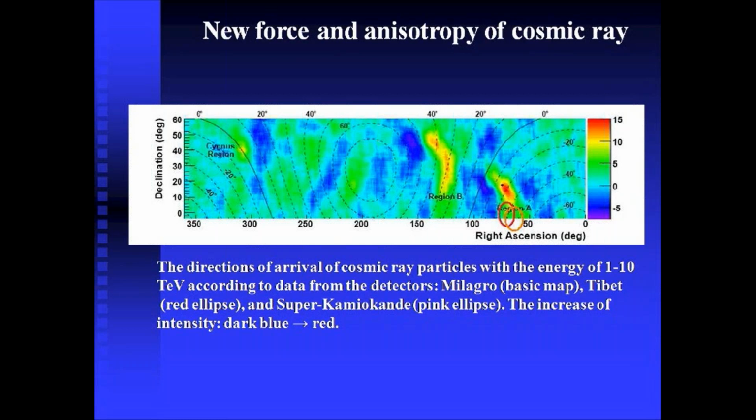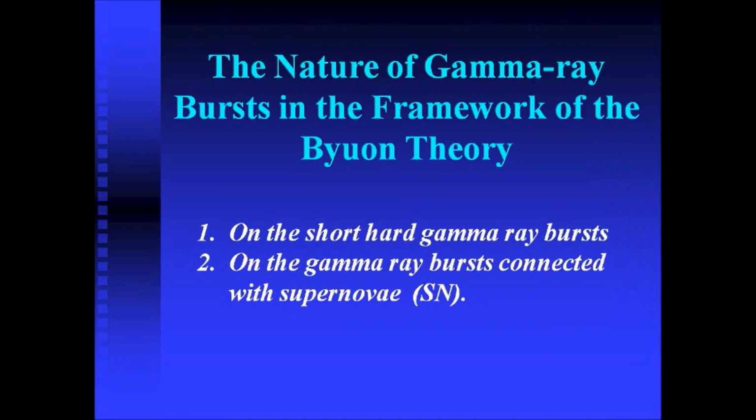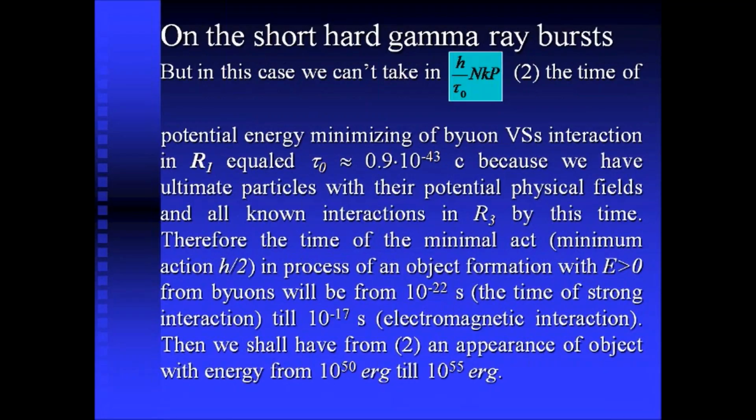The investigation of the anisotropy of theory of ion shows the nature of gamma ray bursts. This process corresponds for short bursts as the birth of universe, but with known interactions.